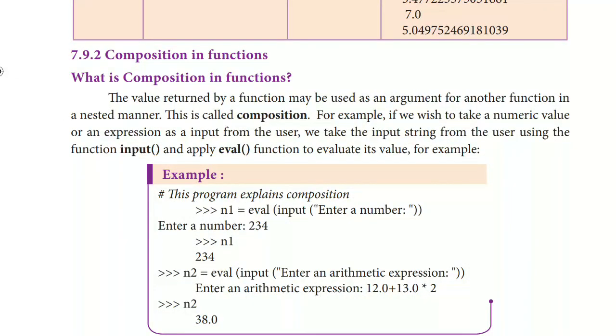Next is composition in functions. So what is composition? A value returned by a function may be used as an argument for another function in a nested manner. This is called composition. For example, if you wish to take a numerical value or an expression as an input from the user, you can take the input string from the user, use the function input, and apply the eval function to evaluate the value.